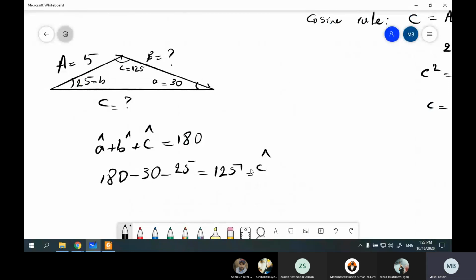So sine of A over A is equal to sine of B over B. How much is this?